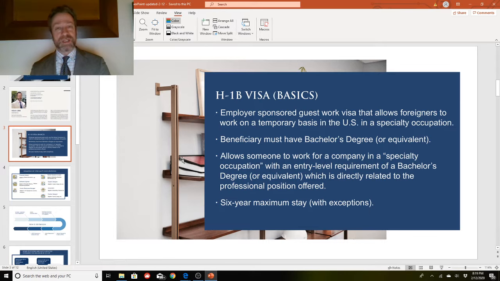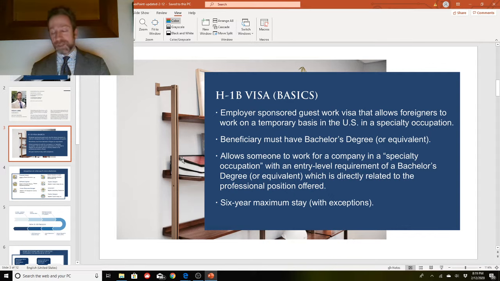An H-1B visa is probably the most common work visa that U.S. employers use to hire specialized workers that have bachelor's degrees that qualify them for professional jobs in the U.S. An H-1B visa is a guest worker visa for specialized workers that have bachelor's degrees or an equivalent that allows them to work in a specialty occupation that requires a specific degree for the particular job that they're being offered by the U.S. company.